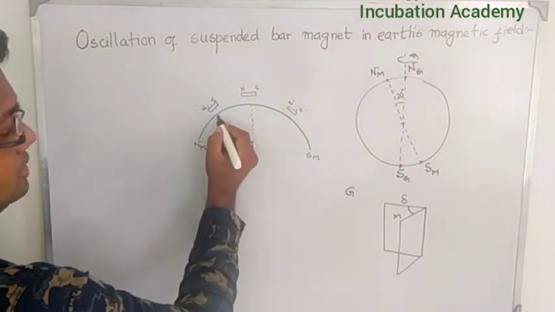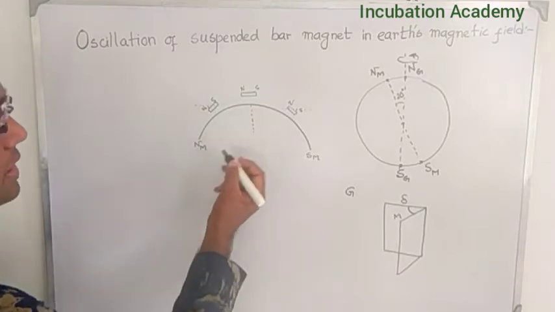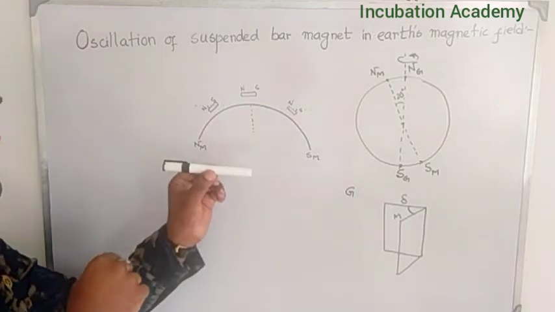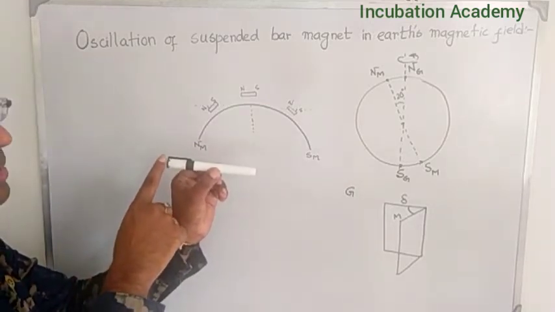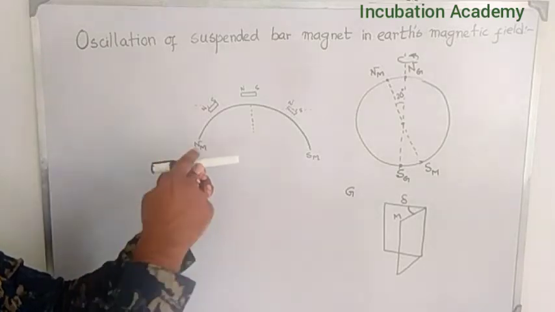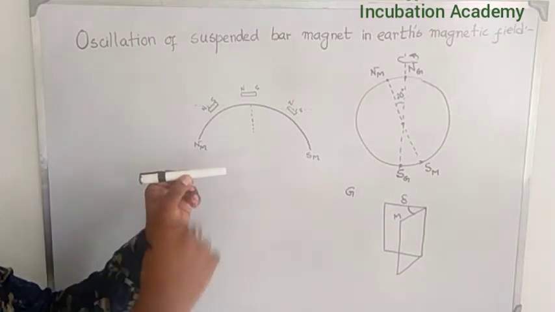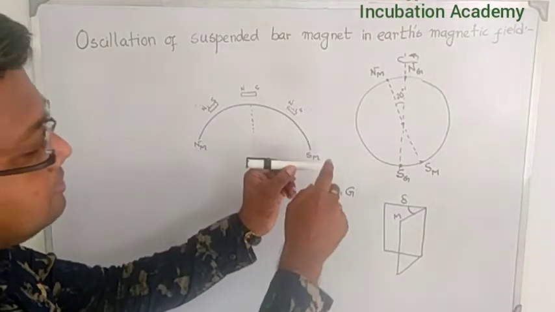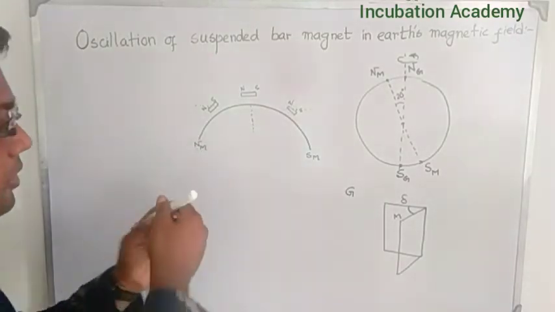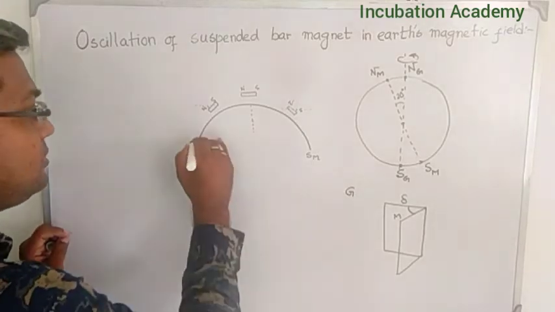So if you are in the northern hemisphere, in a city, in your location, and you suspend your magnet like this, it will not be horizontal, it will be slightly down. That is, with respect to the horizontal level, it makes a small angle. But if you are in the southern hemisphere, you will see this type of thing, because you know the nature of the magnetic lines of force.